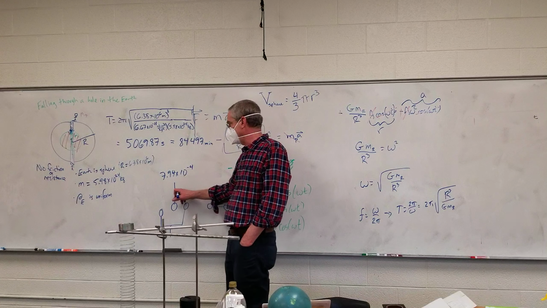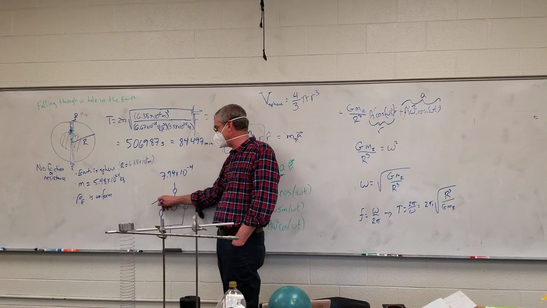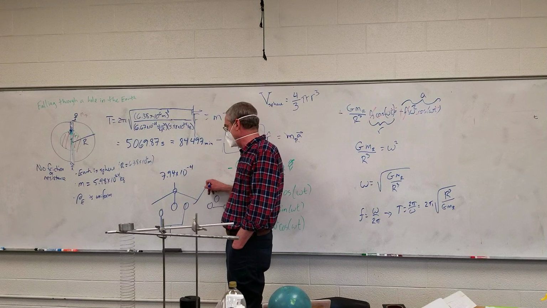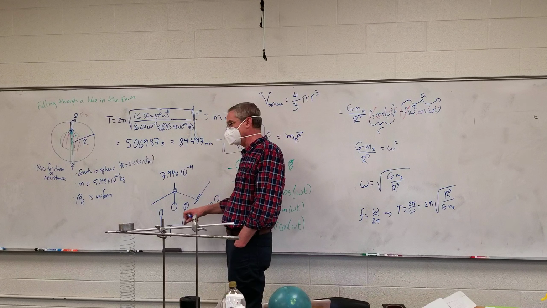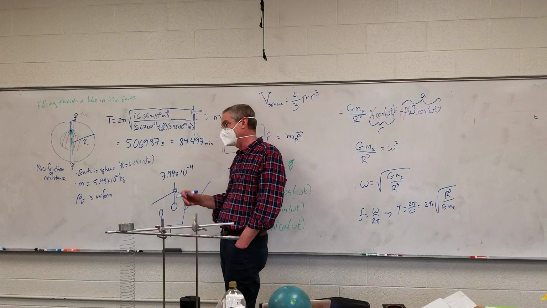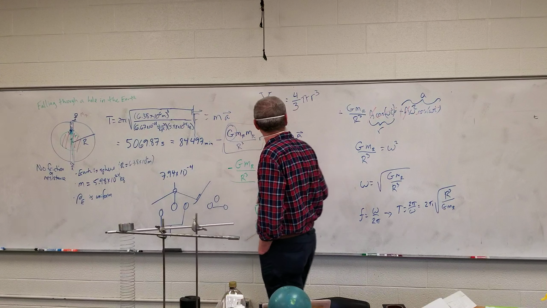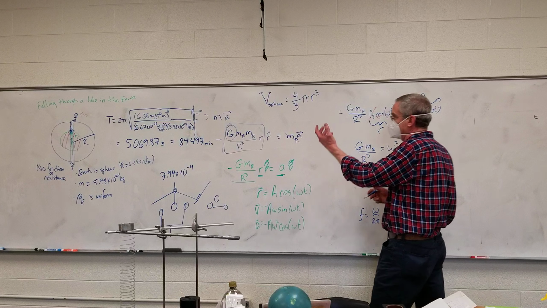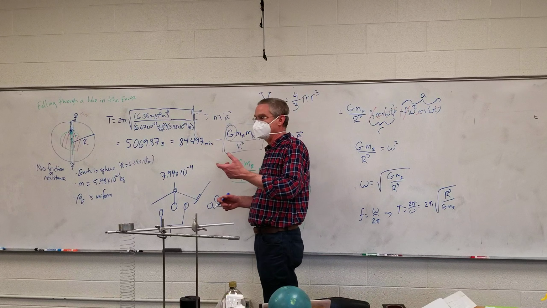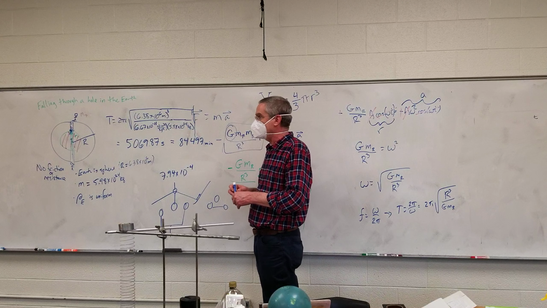The way it's always described is that there's some mirror, so he shines a light on it, and sees how far that light moves. So he knows how much the string is twisted, and therefore how much force was applied. Then he measures the distance between them, uses the formula we wrote up here for the force due to gravity, and calculates what big G was. That's how they came up with it.